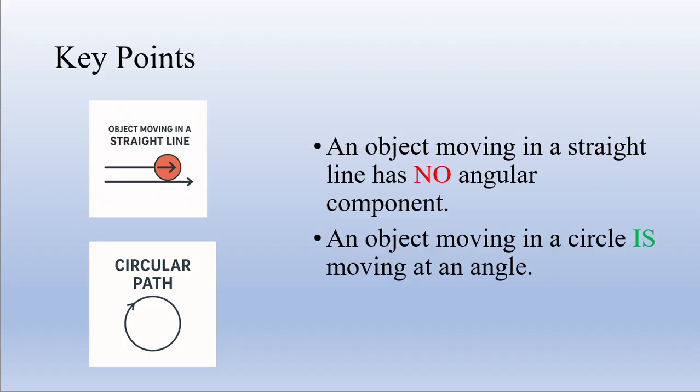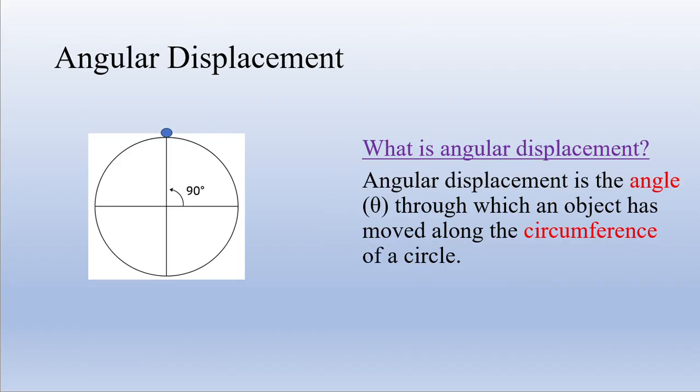That's where you need to start thinking about angles, and that's where this term comes about, angular displacement. So what is angular displacement? Angular displacement is the angle through which an object has moved along the circumference of a circle.